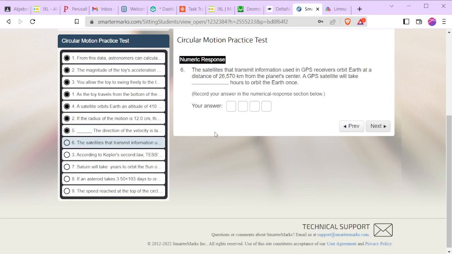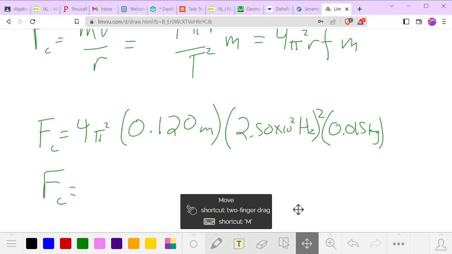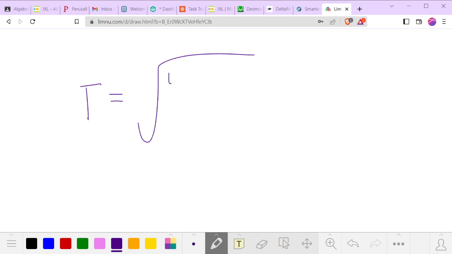So, the satellites that transmit information used in GPS receivers orbit Earth at a distance of 26,570 kilometers from the planet's center. So how many hours will a GPS satellite take to orbit the Earth? So we can reuse our algebraic result from before: 4 pi squared r cubed over GM.